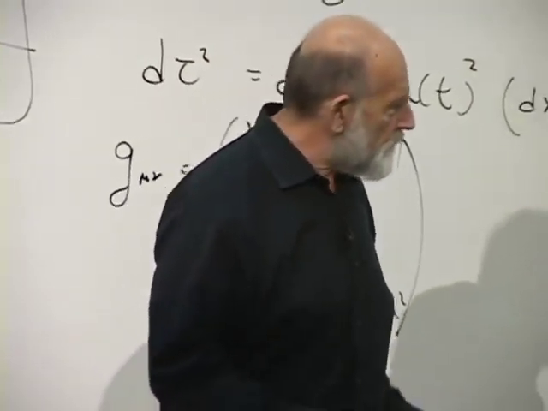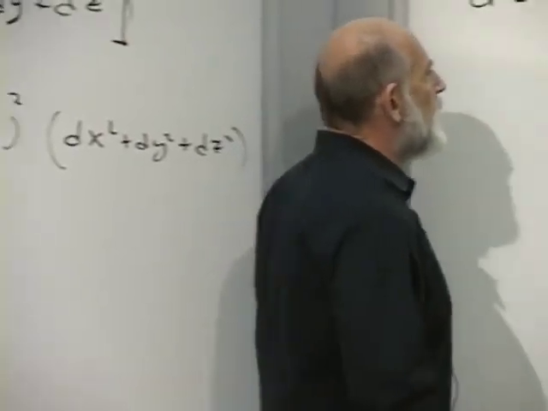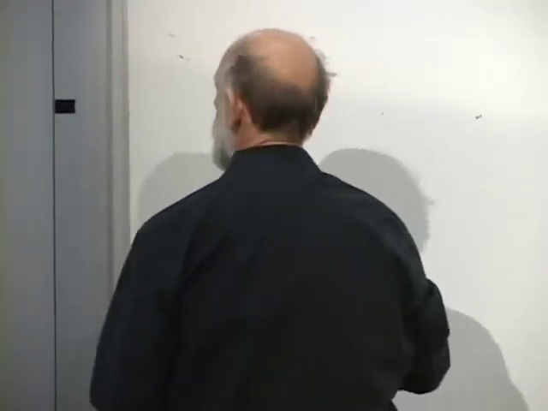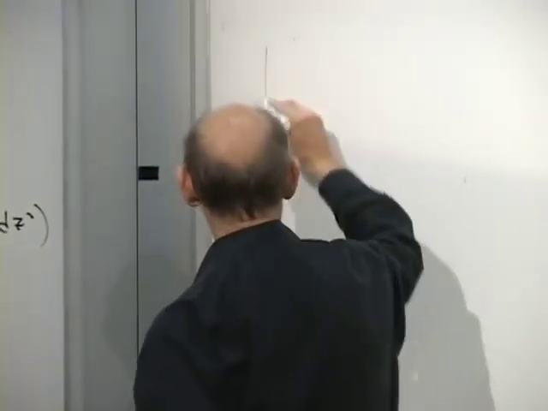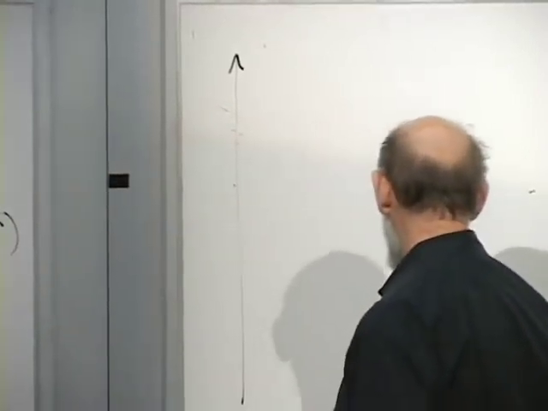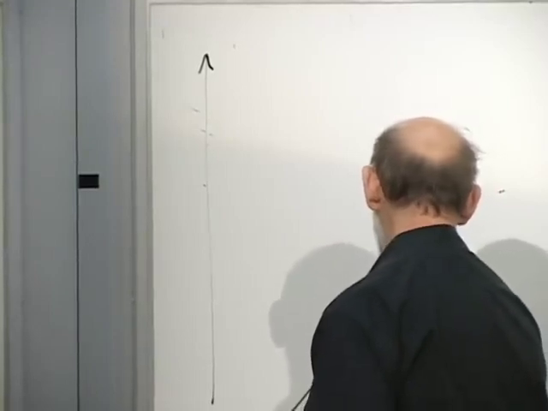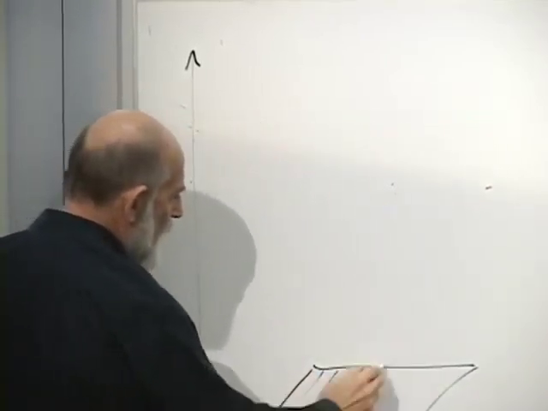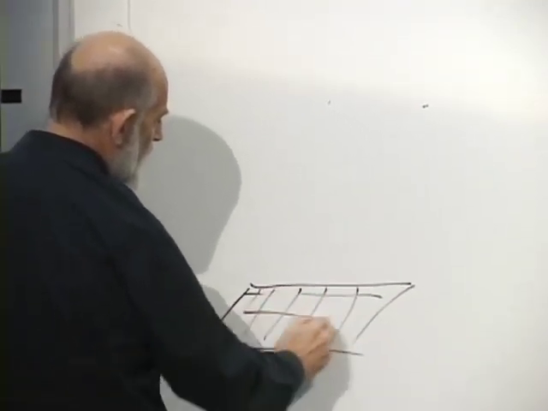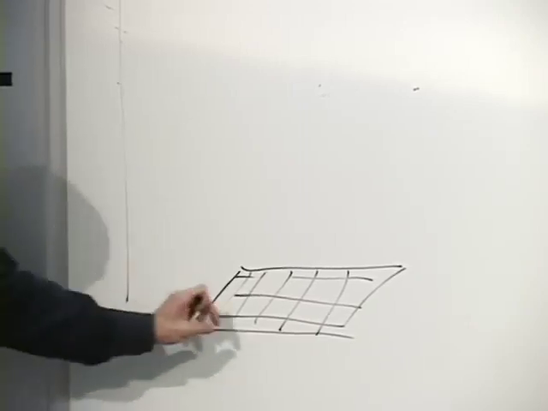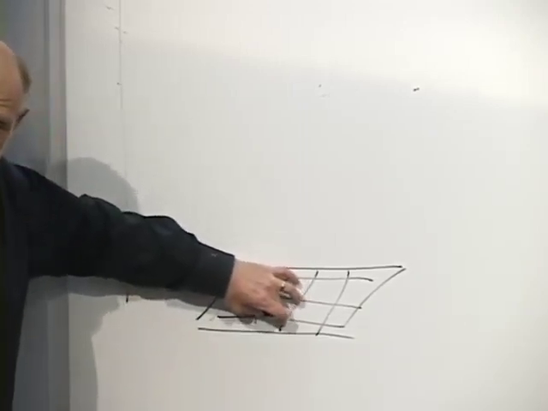We can picture this geometry, the space-time geometry if we like, by imagining a time axis. This is just a cartoon of it. And now, at some early time, the coordinate grid might correspond to a fairly small spacing between neighboring galaxies.